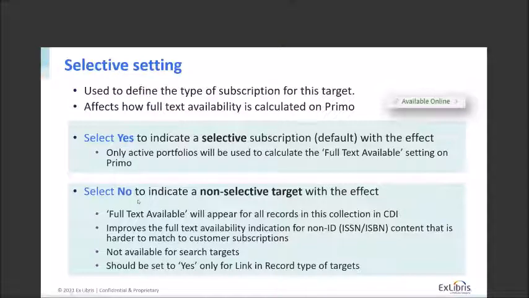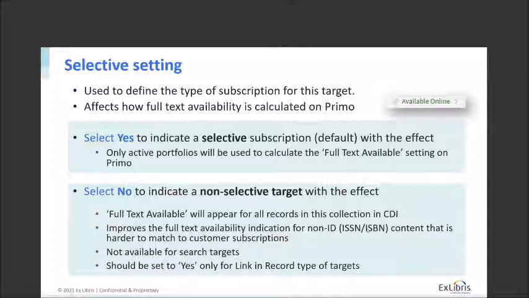The setting is set to no, or should be set to no, for non-selective targets in CDI, and that means that this available online indication will appear for all the records in this collection in CDI. So we're not looking at portfolio activations in this case. We set all of the records connected to this collection in CDI to full text available. This is good because it improves the full text availability indication.